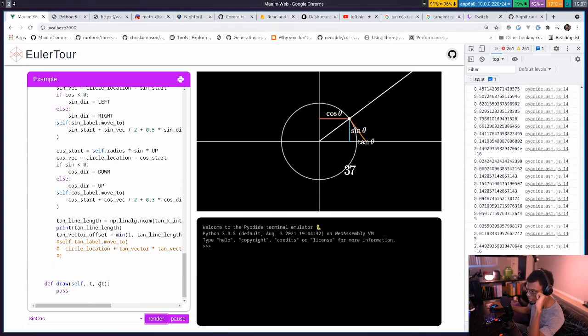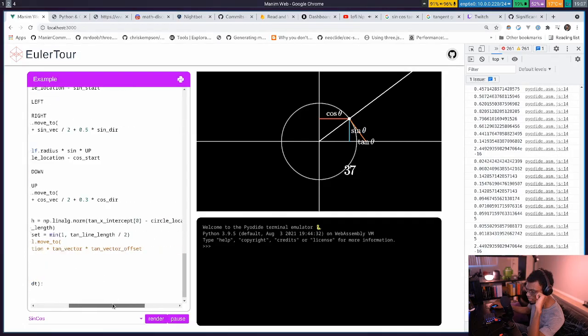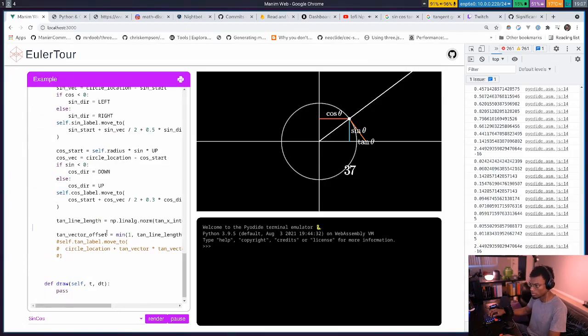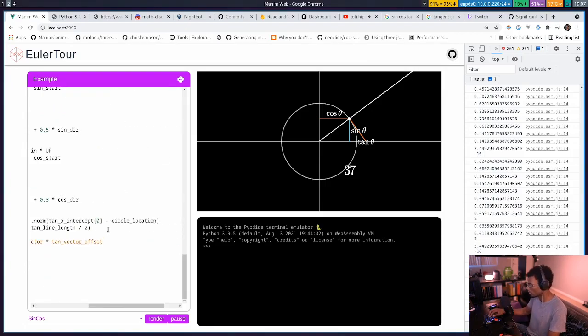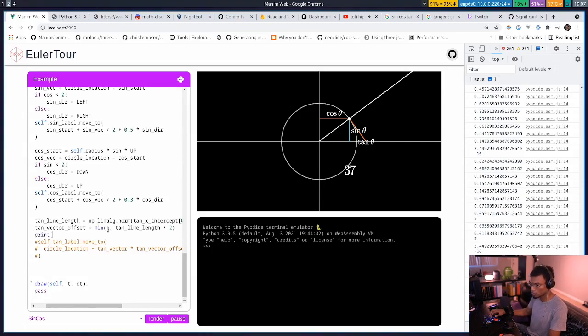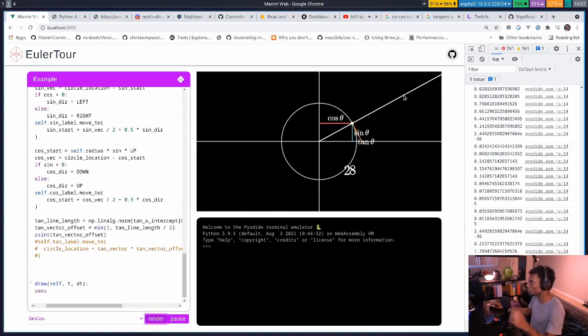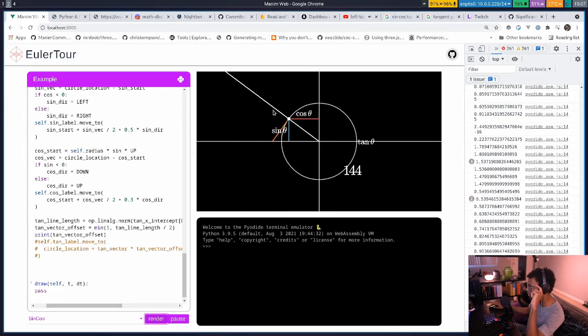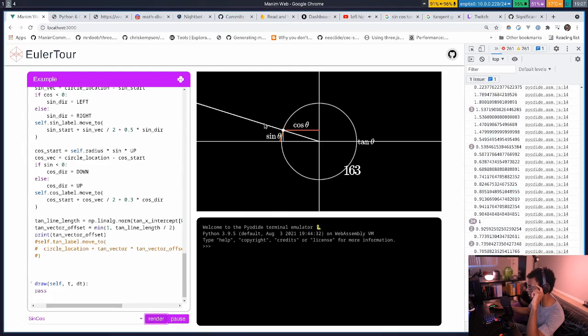Then the tangent vector offset, see if that makes sense. And this also looks like it makes sense.